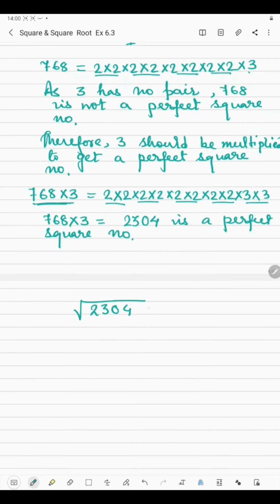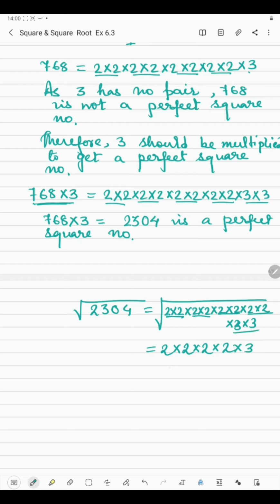So from 2 2 we'll take 1, from 2 2 we'll take 1, from this we'll take 1, from this we'll take 1, and from this we'll take 1. So the square root of 2304 will be 2 2s are 4, 4 2s are 8, 8 2s are 16, 16 3s are 48. So the square root of 2304 is 48. So this was the last part of question number 5.